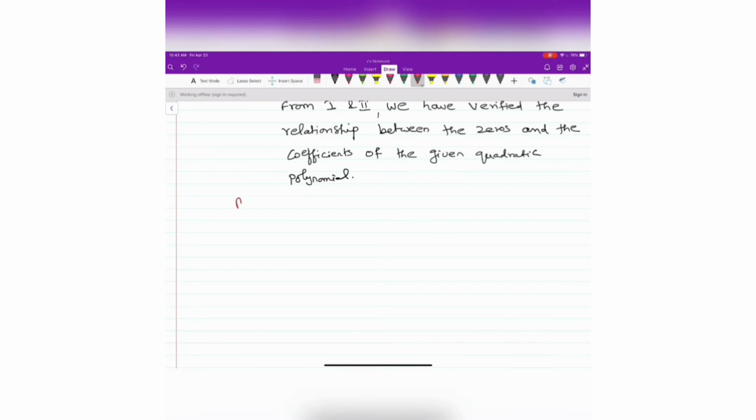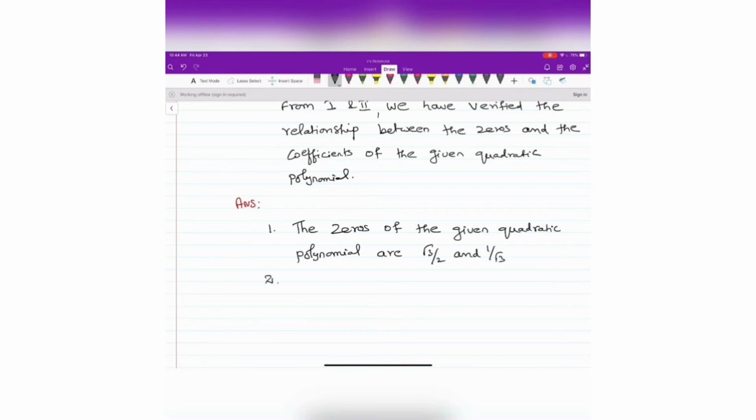So, answer, the first part, the zeros of the given quadratic polynomial are root 3 by 2 and 1 by root 3.